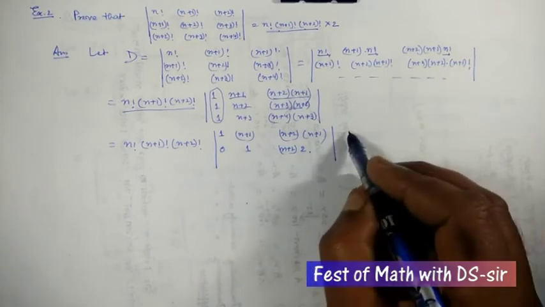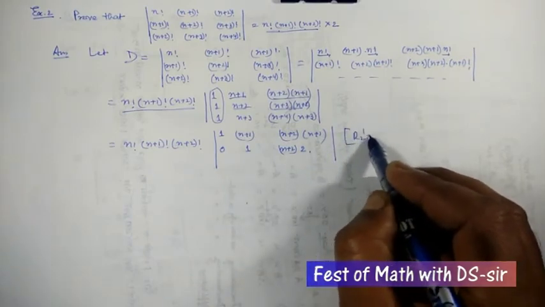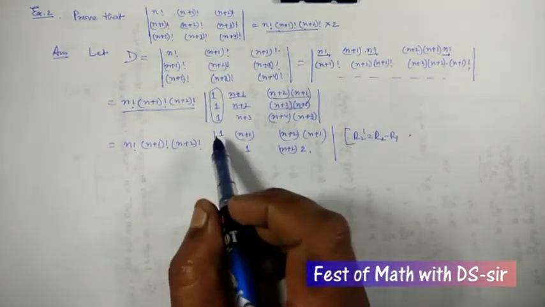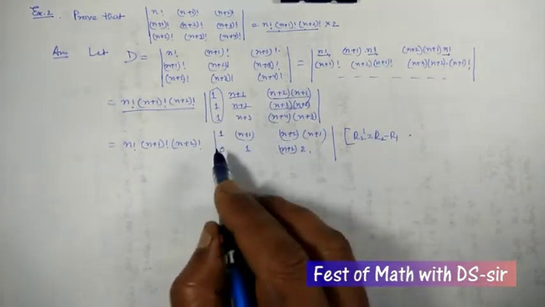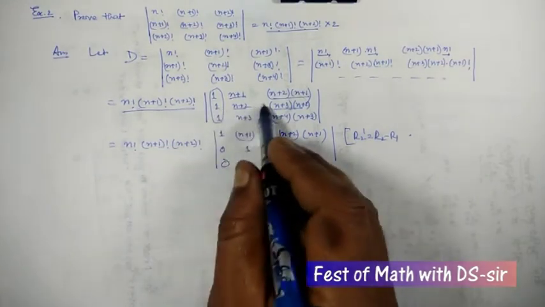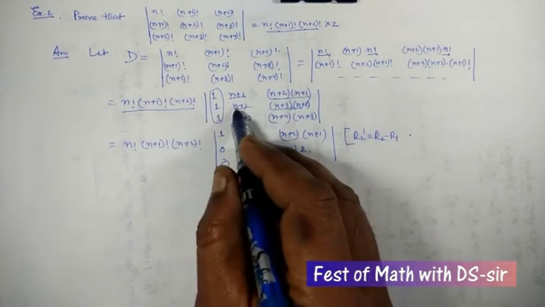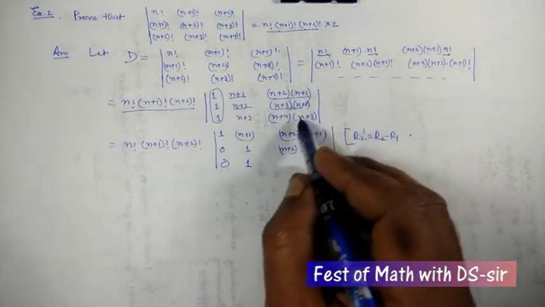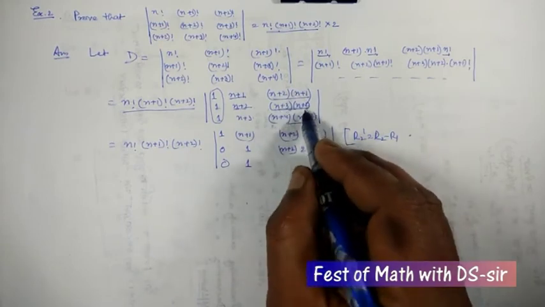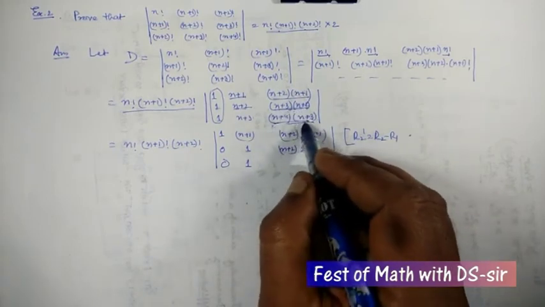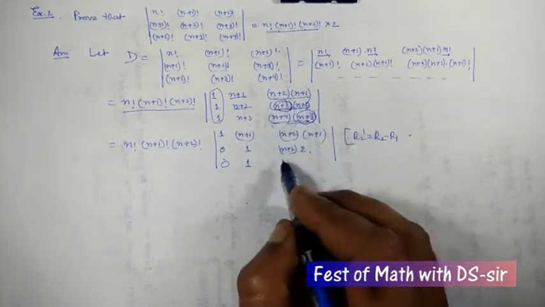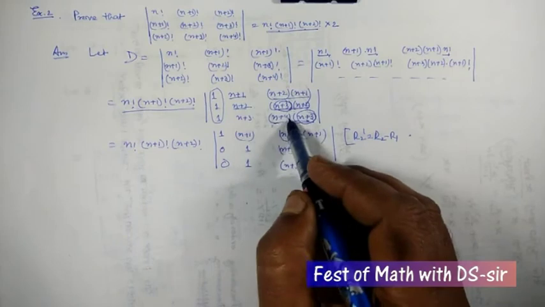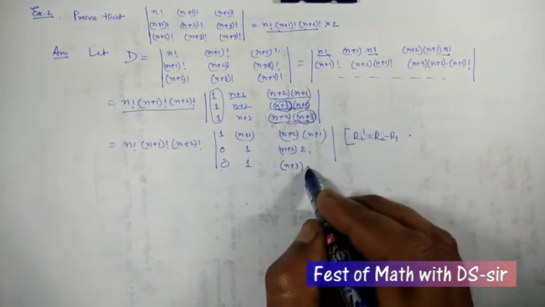So what I have done? Similarly, I subtract R2 from R3. So n plus 3 minus n plus 2 gives you again 1. And when you subtract this from this, n plus 3 comes common, and the remaining are n plus 4 minus n plus 2. That gives you 2.